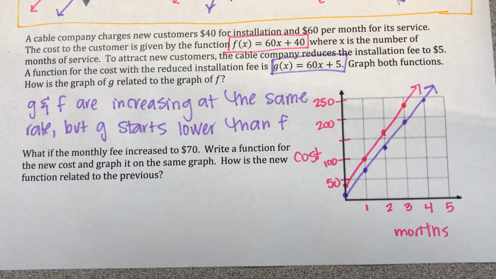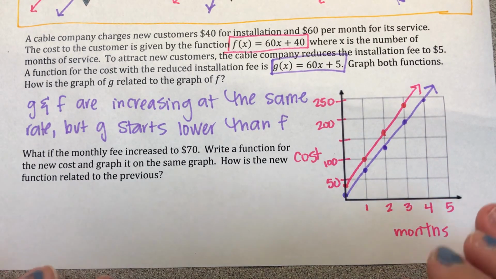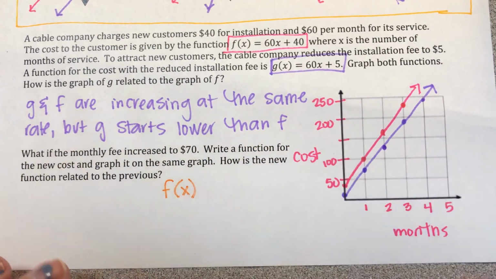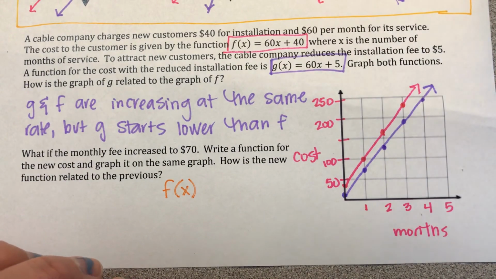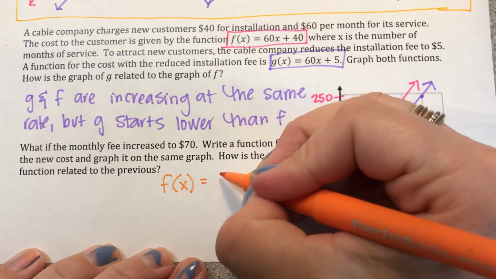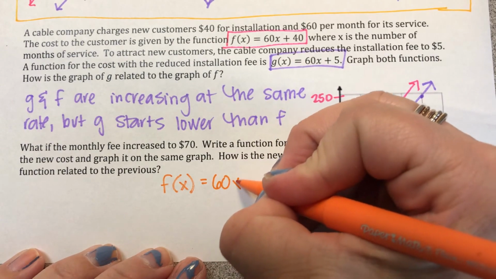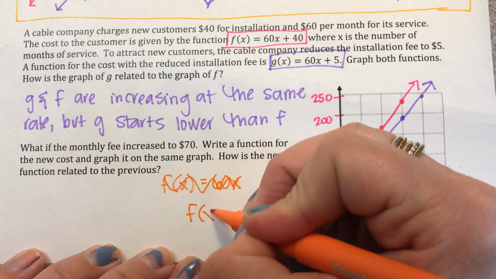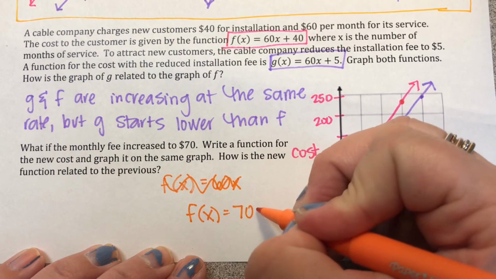Okay, and then it says, what if the monthly fee increased to $70? Write a function for the new cost and graph it on the same graph. Okay, so now it's f of x. Oh, that pen's about to die. Okay, so f of x equals $60 a month. Oh, no, sorry, the monthly fee was increased to 70. So f of x equals 70x.